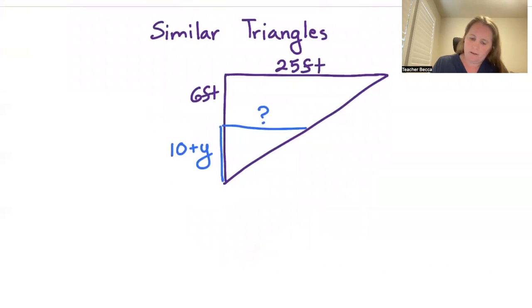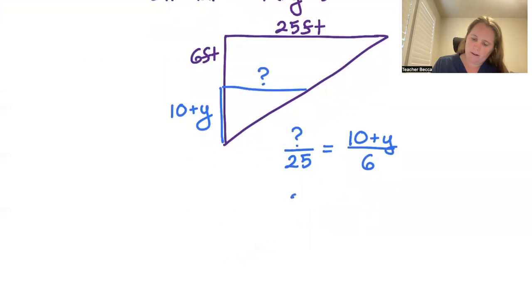So the unknown is to 25 as 10 plus y is to 6. That means that our unknown is therefore 25/6 times 10 plus y.